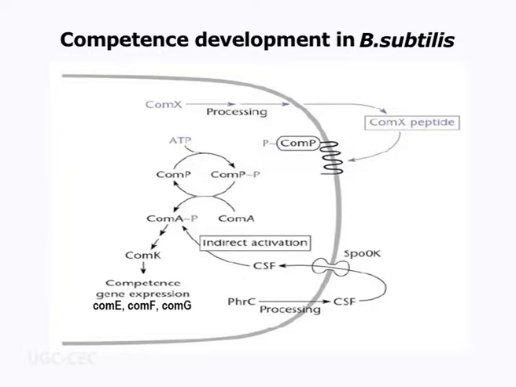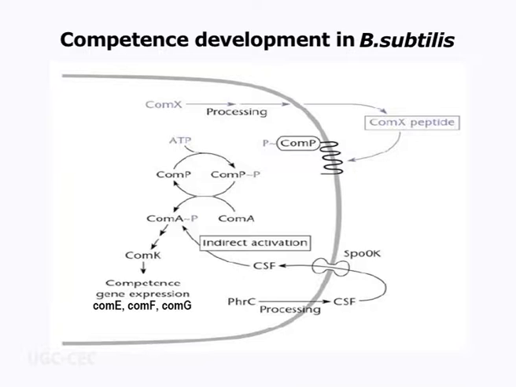Once COM-P gets autophosphorylated, it transfers the phosphate to its response regulatory element called COM-A, which is present in the cytoplasm. When COM-A gets phosphorylated in its aspartate residue, it carries on the phosphorylation of COM-K and activates the transcription factor COM-K.